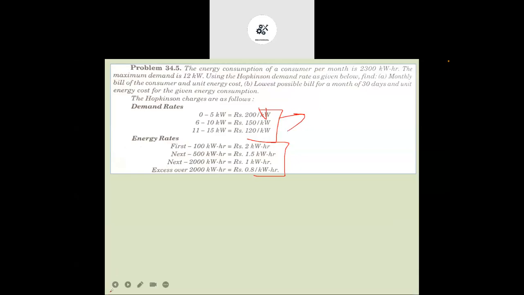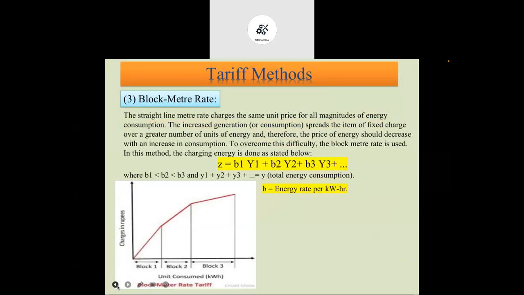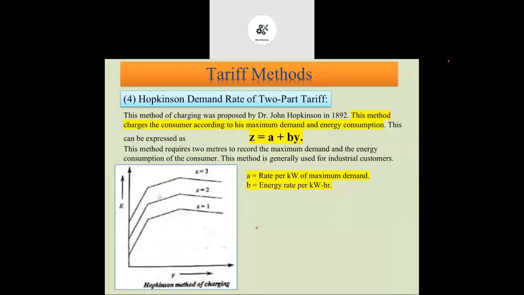By using the Hopkinson charge method, the two-part tariff method, we have to calculate this. First of all, what is the equation of the Hopkinson demand rate?